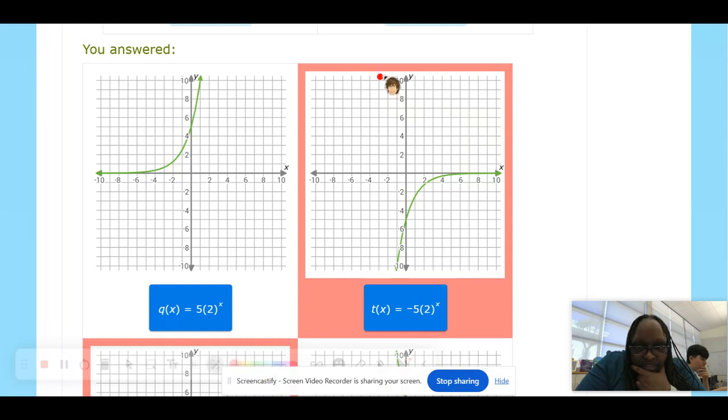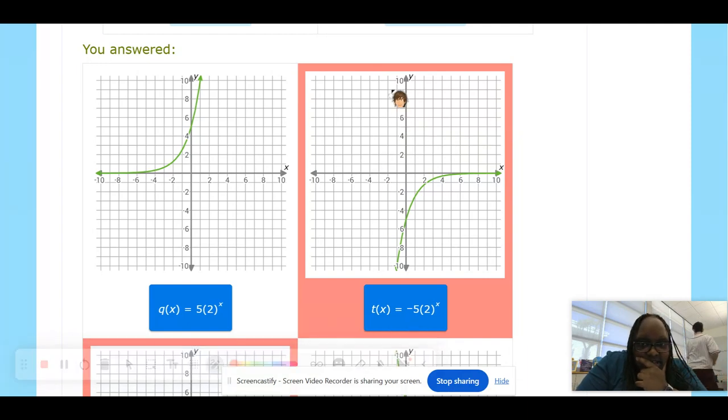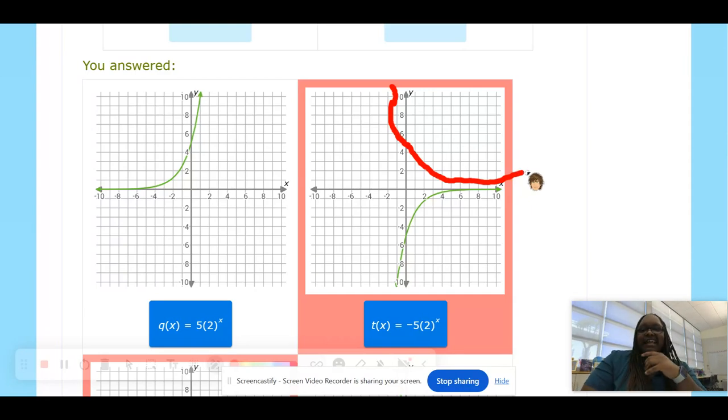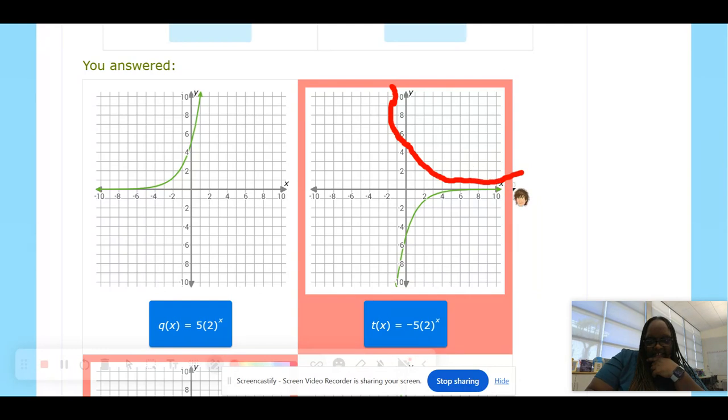It would be something like this. No, I don't like that. Okay, something that kind of almost looks like a reflection if I were able to do this properly. So it would have been a decay, I think is what I'm trying to get at.